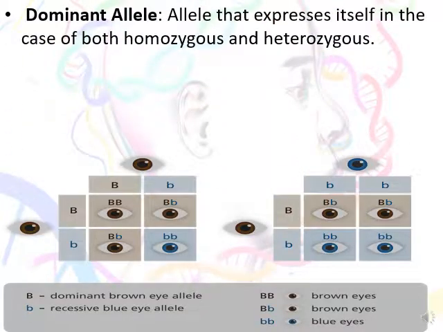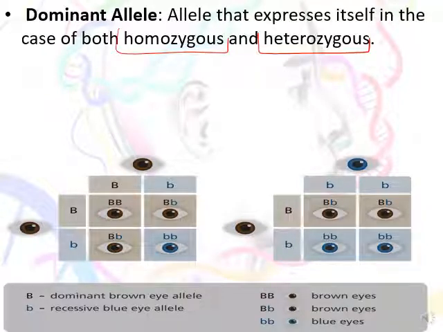Here, let's talk about the dominant allele. The dominant allele is the allele that expresses itself either in the homozygous or the heterozygous cases. I said that the dominant allele is the strong allele.